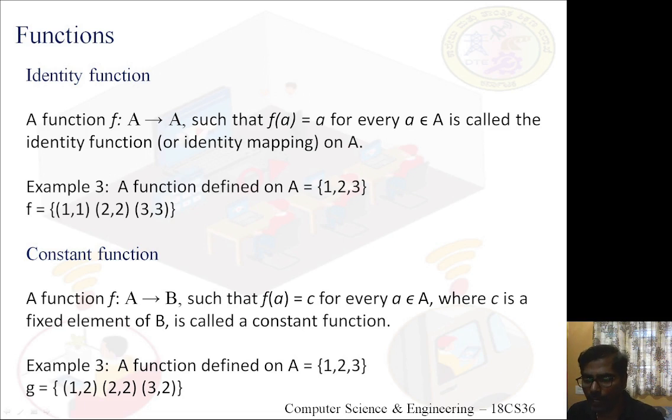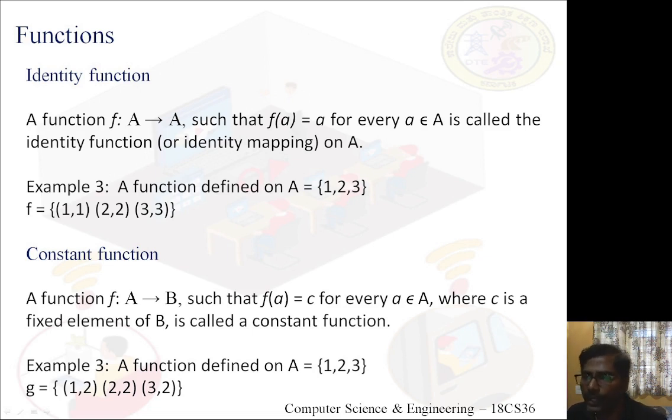A function from A to A is said to be an identity function if all the elements of set A are related to themselves. I repeat, a function f from A to A is known as an identity function or identity mapping on A if all elements of set A are mapped to themselves.